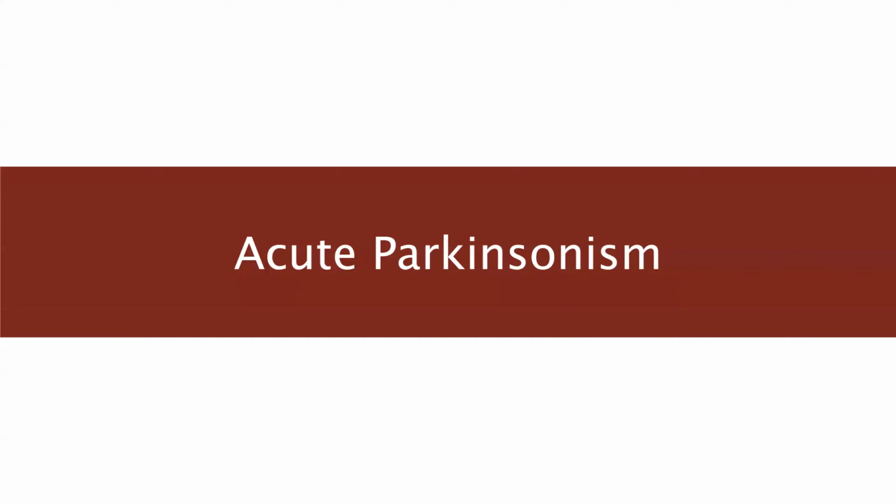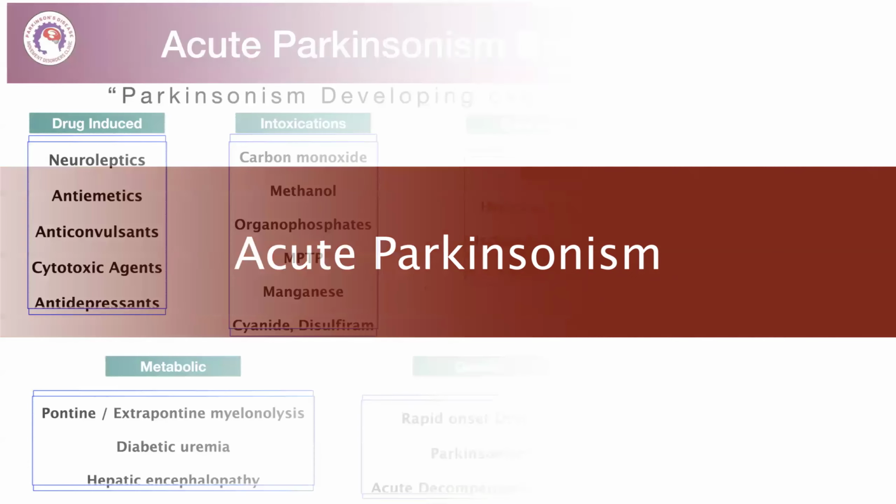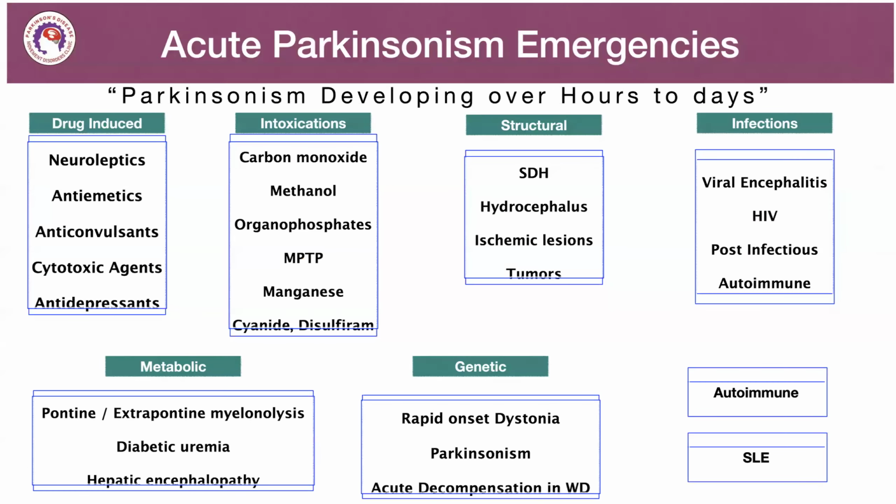This is acute Parkinsonism. Acute Parkinsonism can occur in various circumstances and usually develops over hours to days. It can be drug-induced due to neuroleptics, antiemetics, anticonvulsants, cytotoxic agents, or antidepressants, or it could be related to intoxication such as carbon monoxide, methanol, OP poisoning, MPTP, manganese, cyanide, and disulfiram.